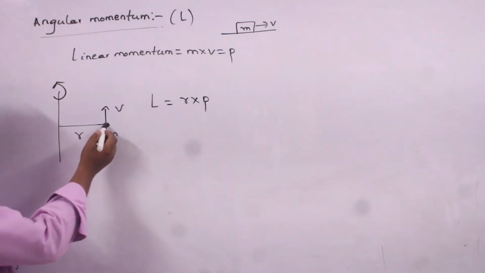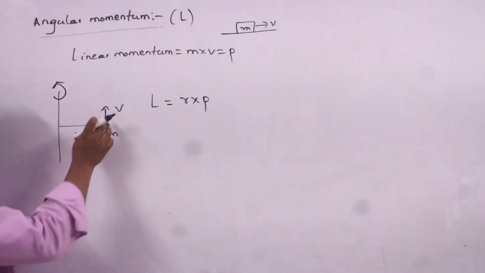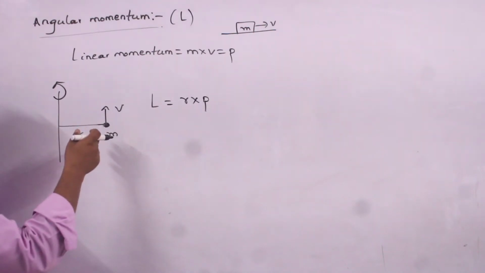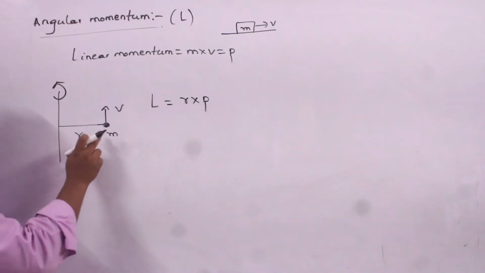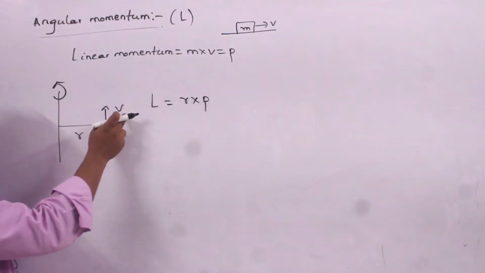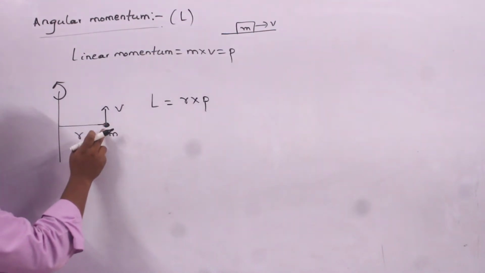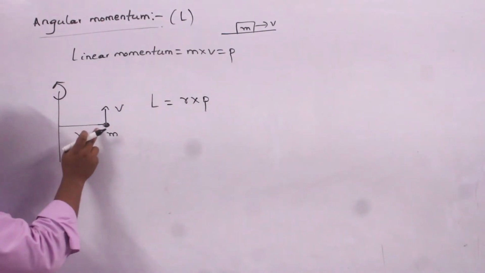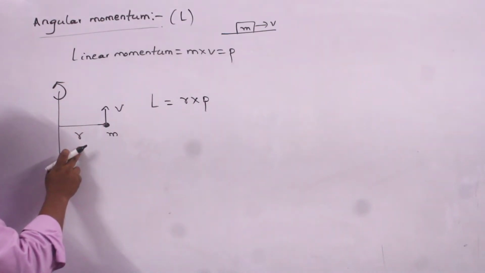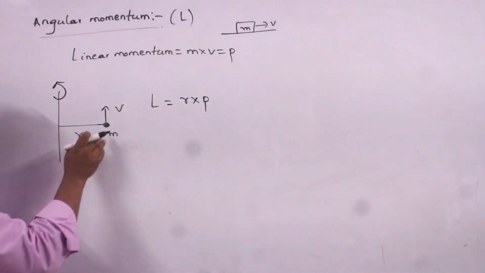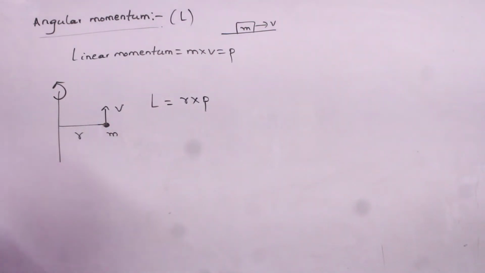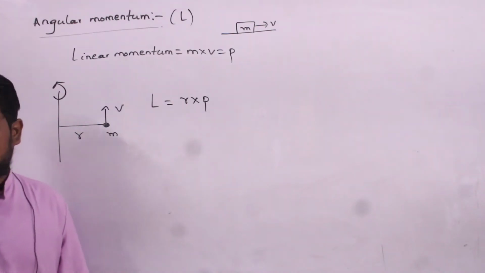This body has some momentum, no? It has some mass, it has some tangential speed. Here v means the tangential speed. So mass multiplied by tangential speed is called momentum. And its perpendicular distance from the axis of rotation is R. So the product of radius and linear momentum of the body is called angular momentum.